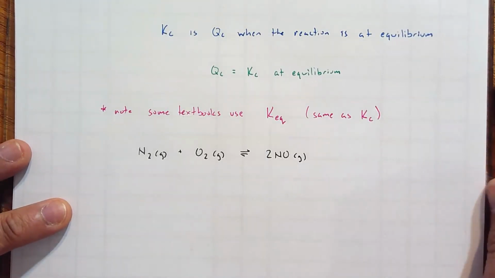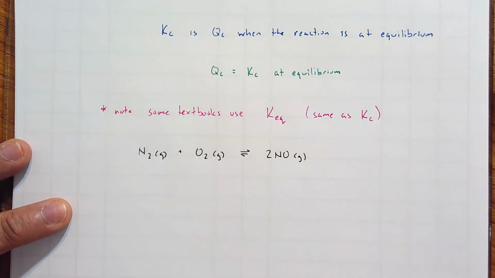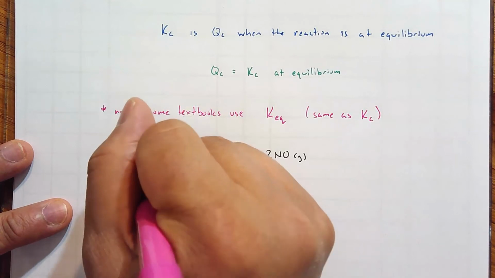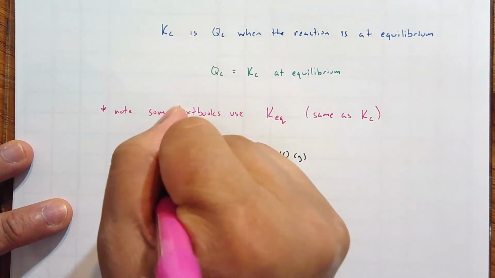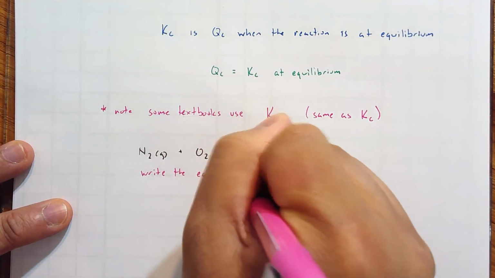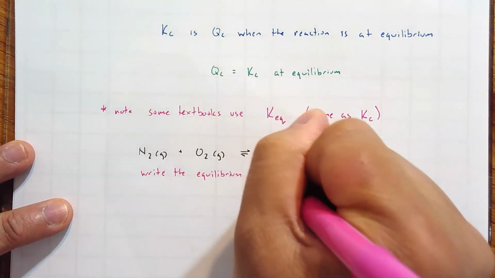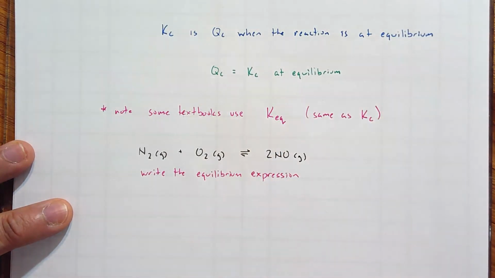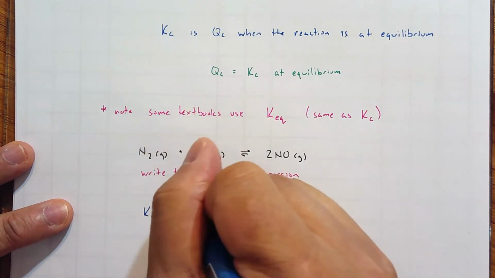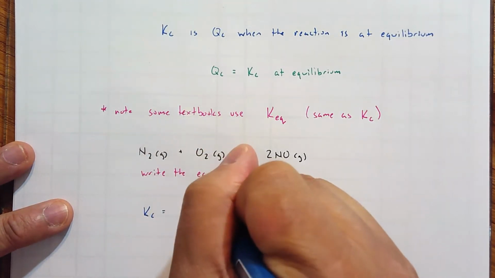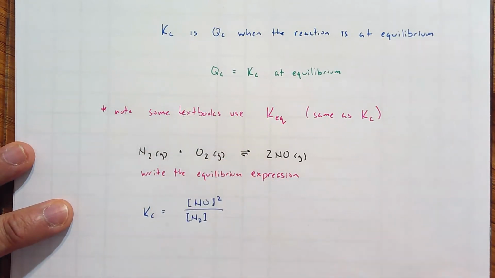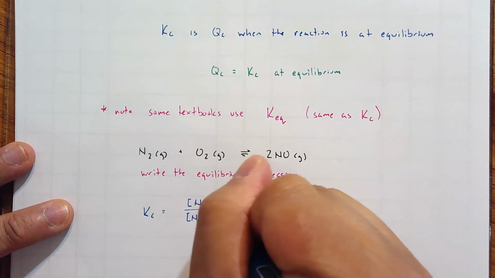And if I ask, write the equilibrium expression, your answer will be this. Kc equals the concentration of NO squared over the concentration of N2 times the concentration of O2.